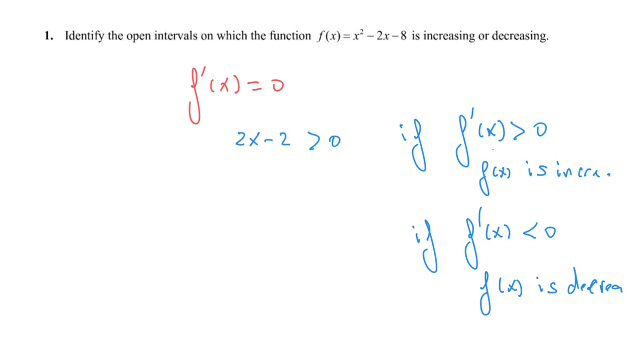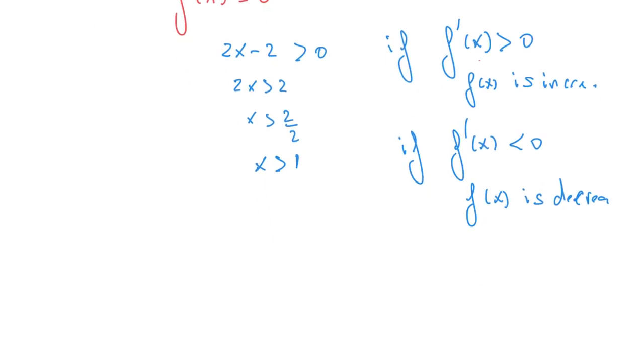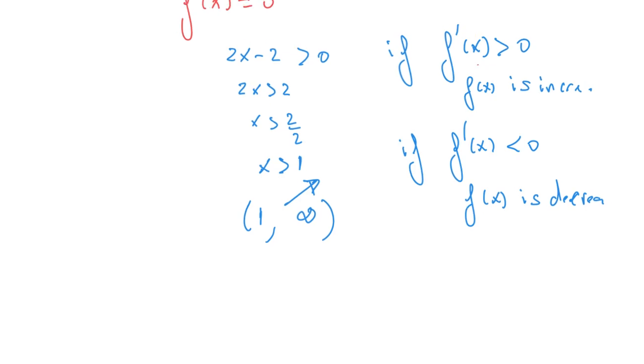If we want it to be greater than 0, it's because we want 2x to be greater than 2. It means that we want x greater than 2 divided by 2, so x has to be greater than 1. So on the open interval (1, infinity), the function is increasing.